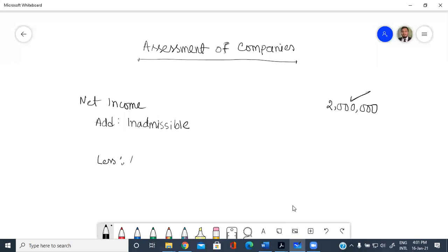Some expenses are admissible, but the company has not subtracted them when calculating the net profit. What do we need to do? We have to subtract, right?